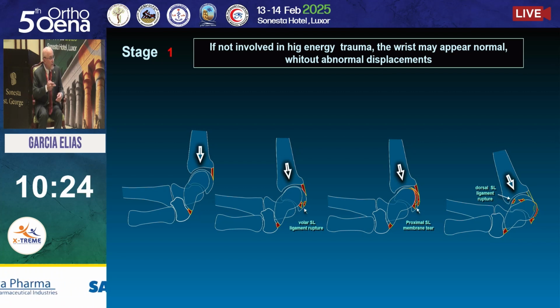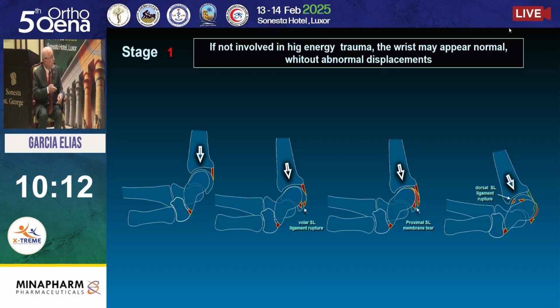We have that fall. Stage 1 will be the case in which initially we have that fall. There's a rupture of the volar scapholunate ligament.